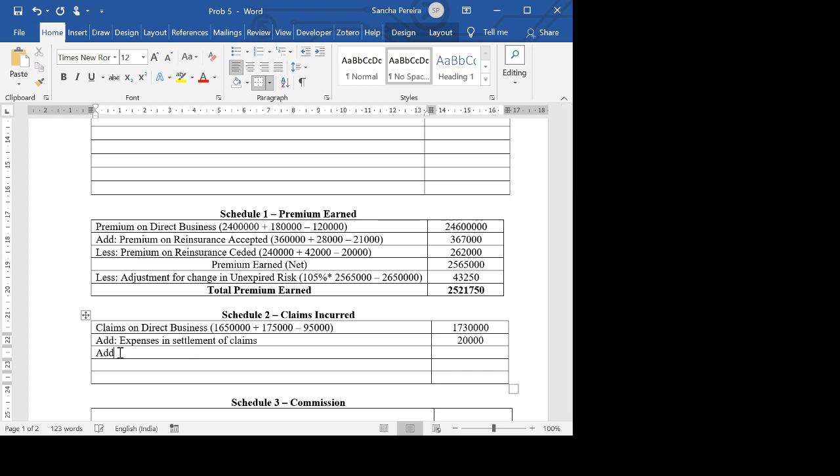Similarly, we have claims on reinsurance accepted, and that is going to be 1,25,000 plus 22,000 minus 13,000, which comes to 1,34,000.